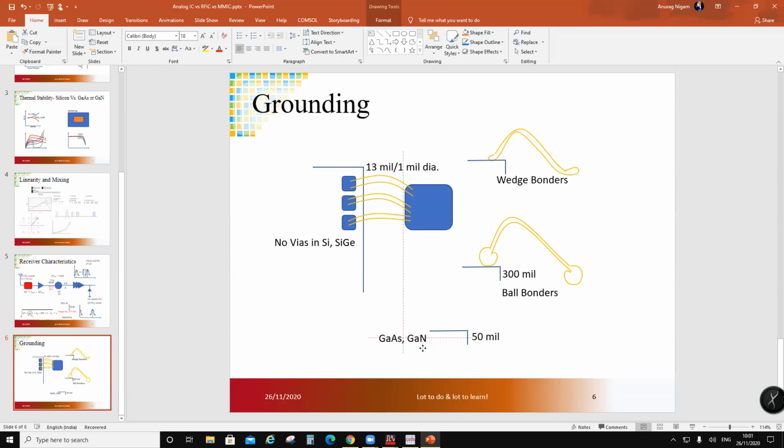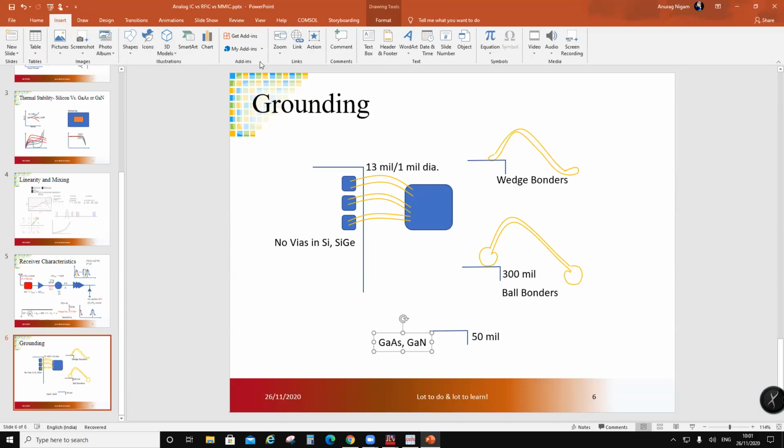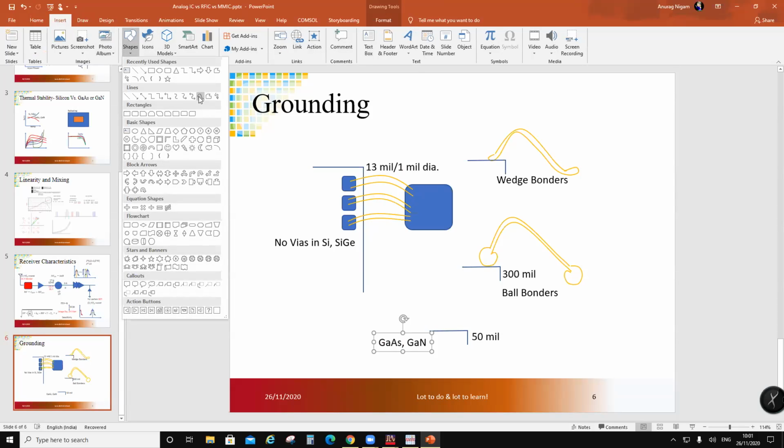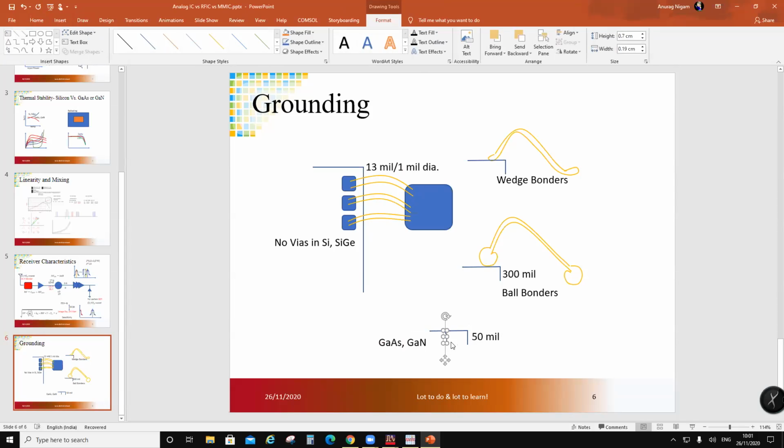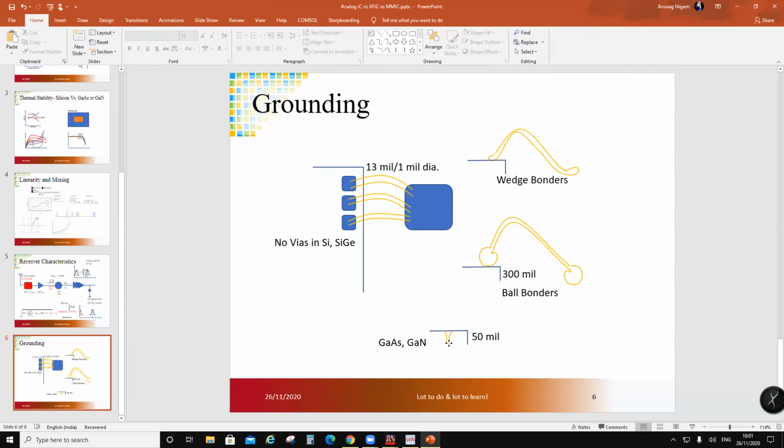And what is the advantage? The via which sits in here, like this, is going up to the top, up to the circuit.